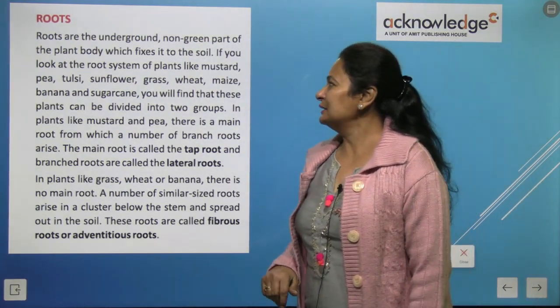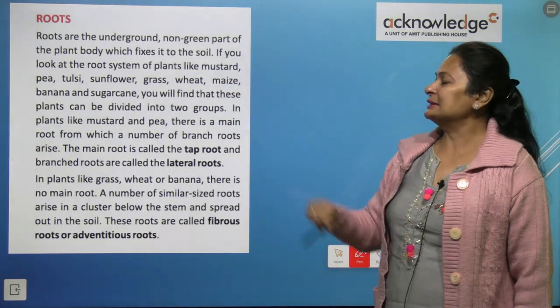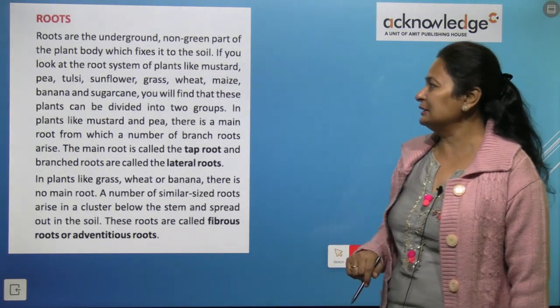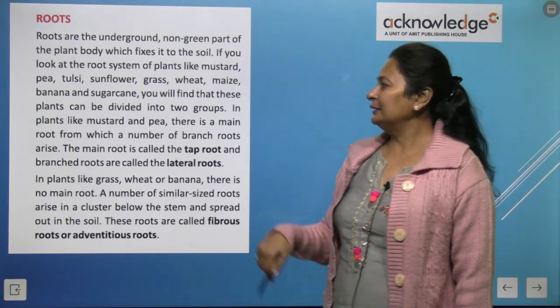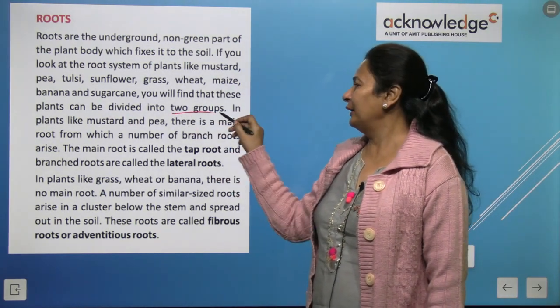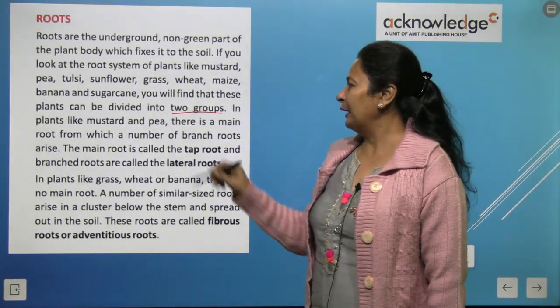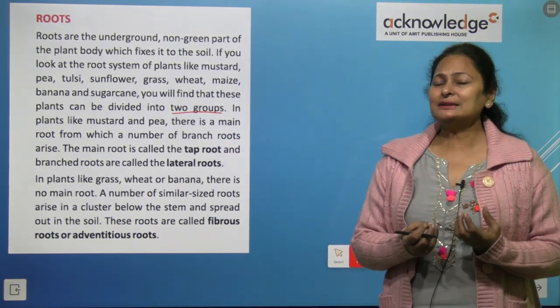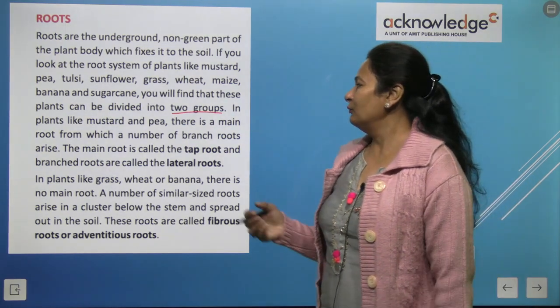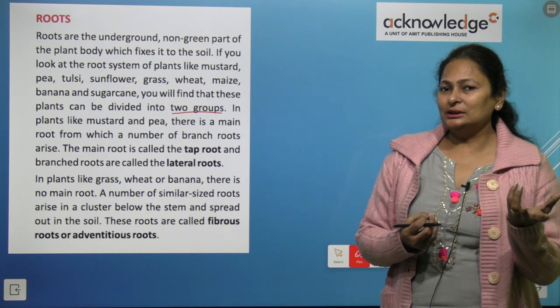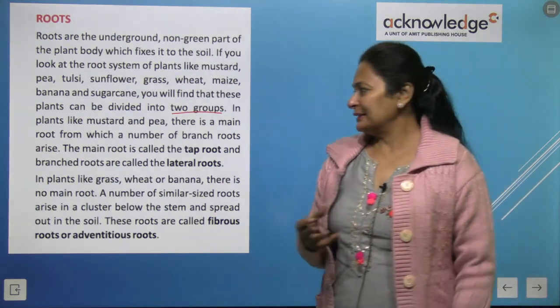If you look at the root system of plants like mustard, peas, tulsi, sunflower, these are some examples, you'll find that these plants can be divided into two groups. In plants like mustard and pea, there is a main root from which a number of small branches are arising, right?